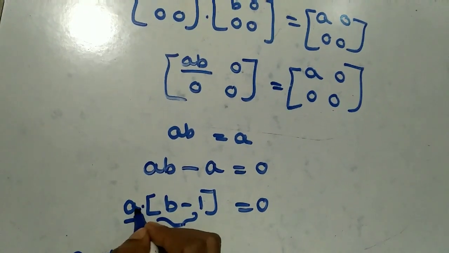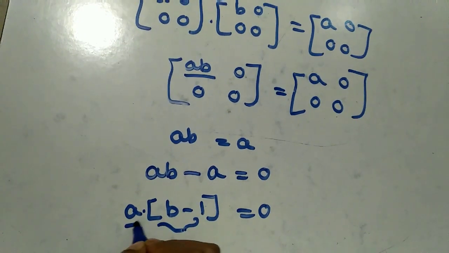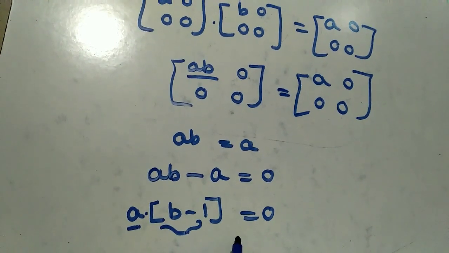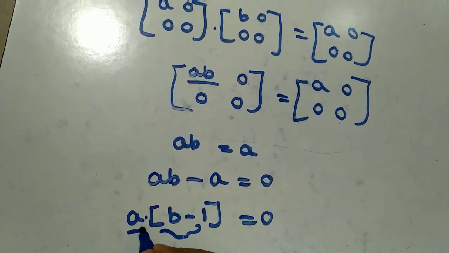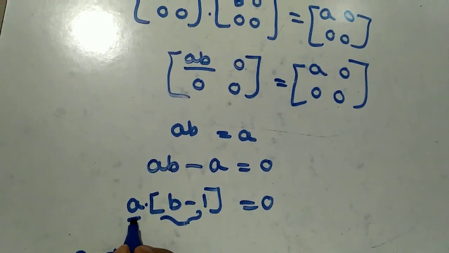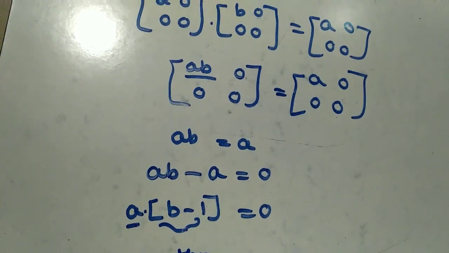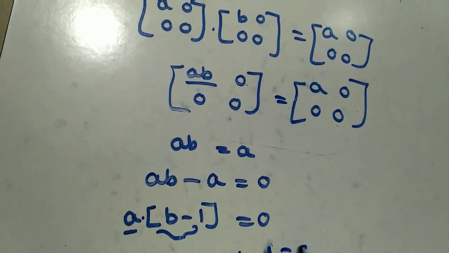When A dot B minus 1 gives me 0, at least one of those elements should be 0, right? But I don't know which one is 0. But here in the definition they told A is not equal to 0, so automatically B minus 1 is 0.